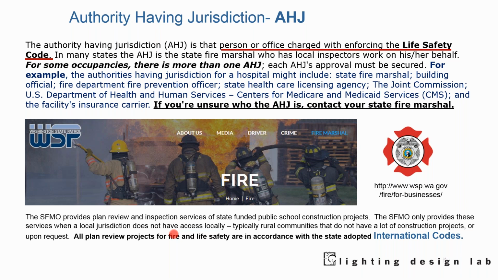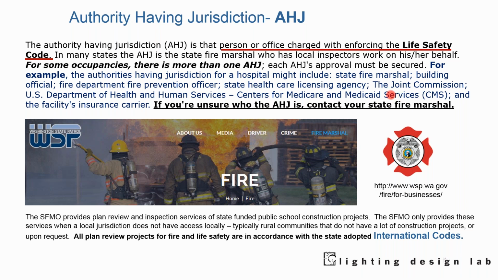That can be a person or office charged with enforcing life safety. For some occupancy types, there's more than one authority, which makes it complicated. For instance, if you had a hospital, you might have the state fire marshal, the building official, the fire department prevention officer, the state healthcare and licensing agency, the Joint Commission, the U.S. Department of Health and Human Services, and the Centers for Medicare and Medicaid Services.